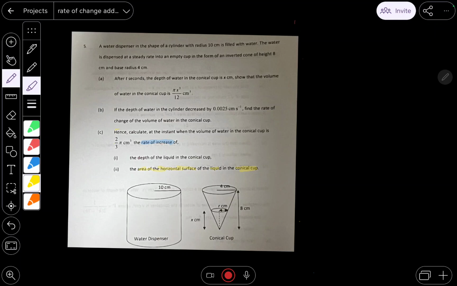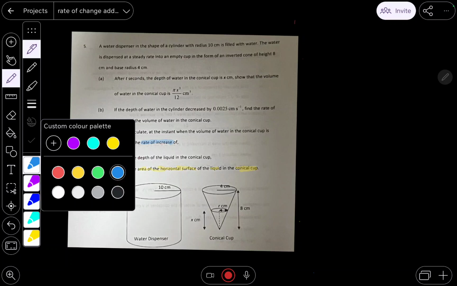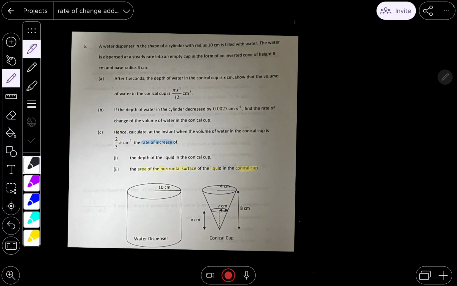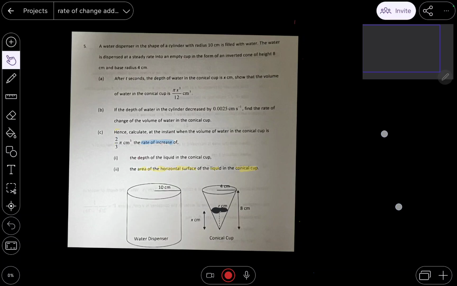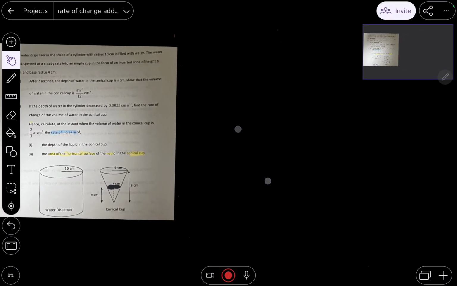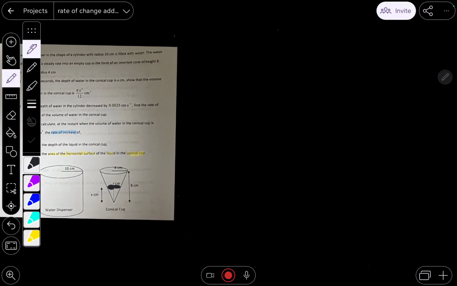So what's the horizontal surface? The horizontal surface in this case is the circle. So the rate of increase of the area of the horizontal surface, what does this mean? This means dA over dt.